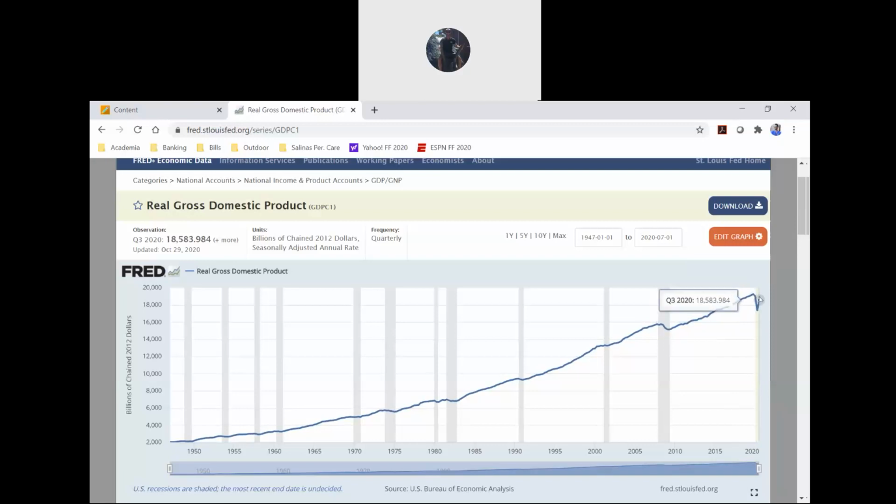You'll get a new report after the close of every quarter, so around January 1st or Christmas, they'll report what the GDP was for quarter 4. Really, if you look at this whole historical data, what happened from quarter 1 to quarter 2 was probably the most significant drop that we've seen in 70 years.